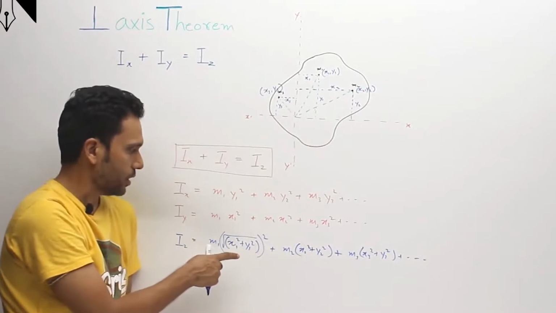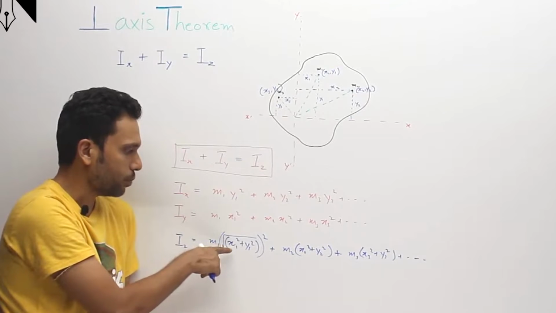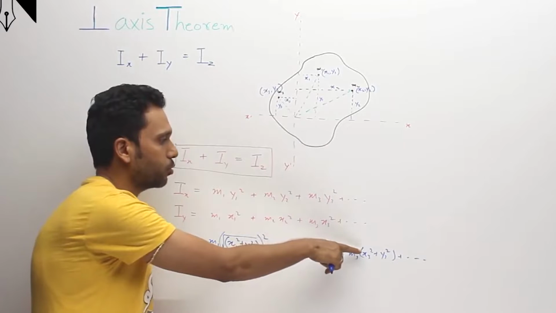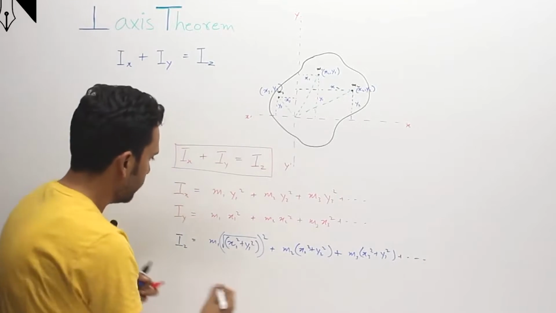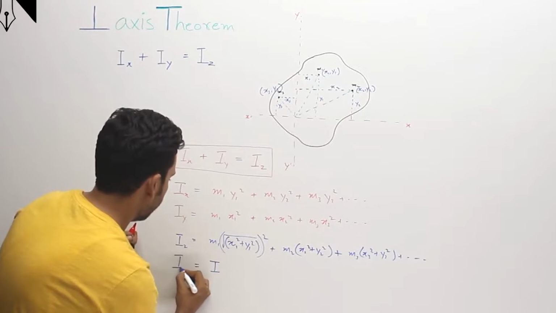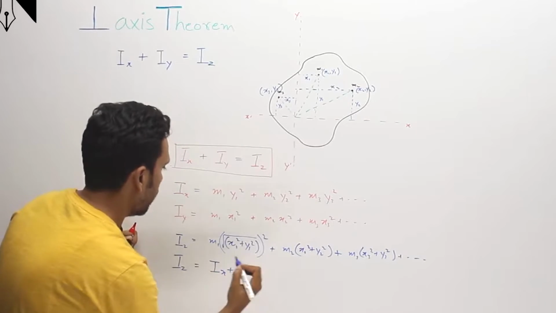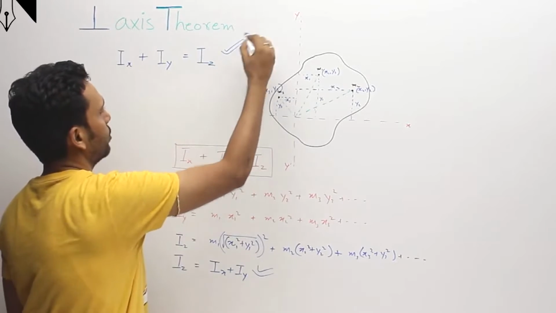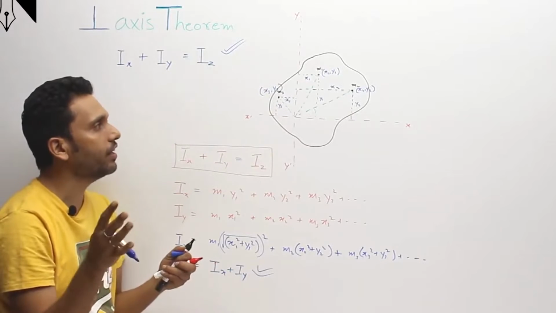We see that Iz is equal to m1 x1 square plus m1 y1 square plus m2 x2 square plus m2 y2 square plus m3 x3 square plus m3 y3 square, which is nothing but addition of Ix and Iy. So very easily we see that Iz is equal to Ix plus Iy. So that's derived. So this equation stands for a laminar body, a body which is not having any depth.